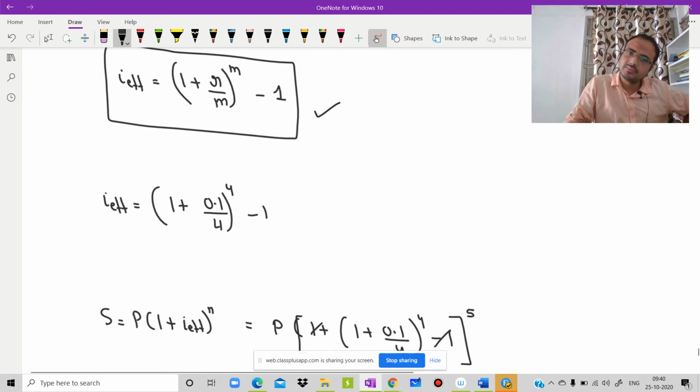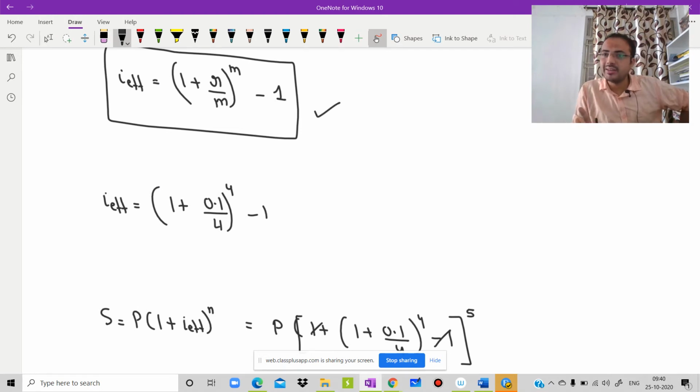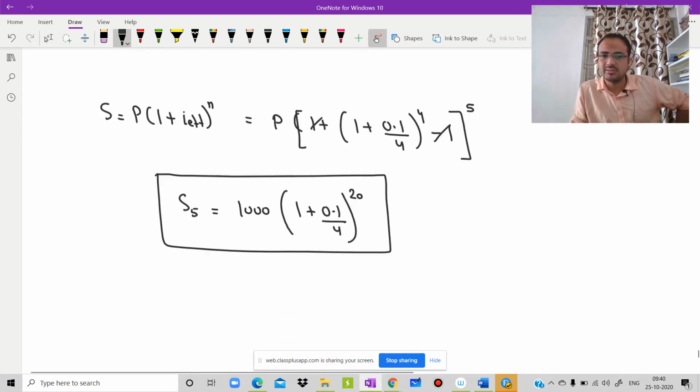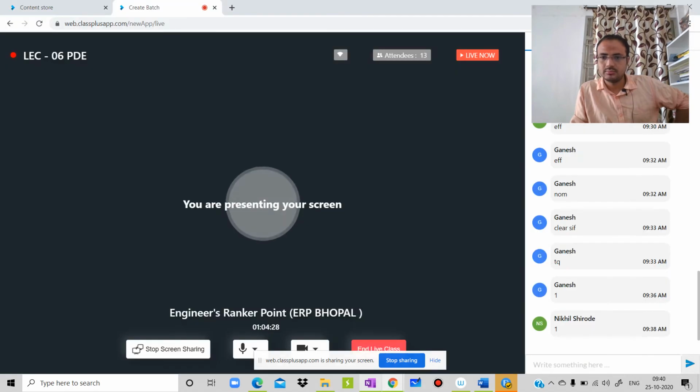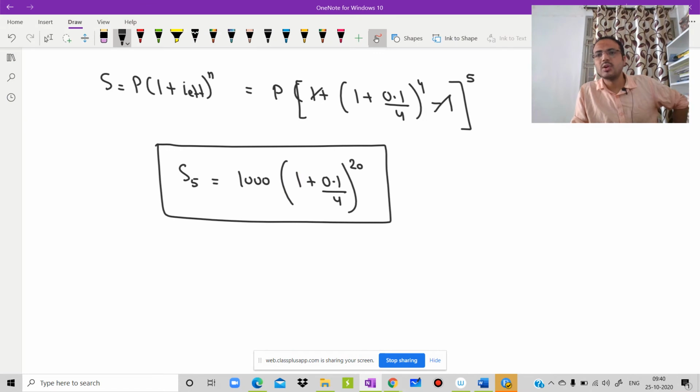Compounded quarterly. That's why I gave these two tables so that everything should be crystal clear to each and every student. Is it clear? Yes or no? Or is there any doubt? If there is any doubt at any step, just ask without any agitation.